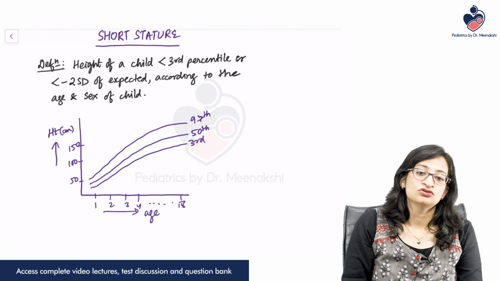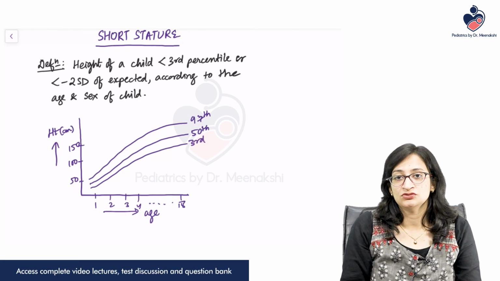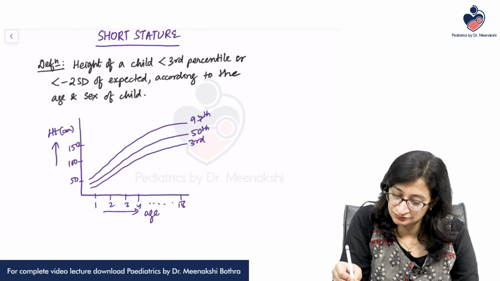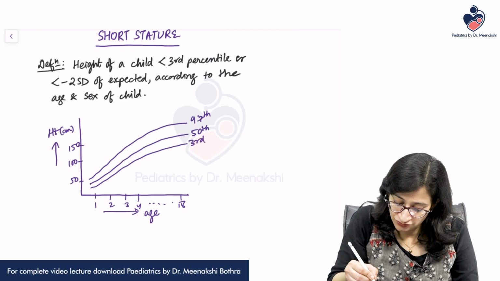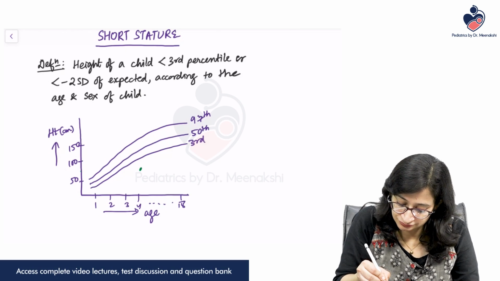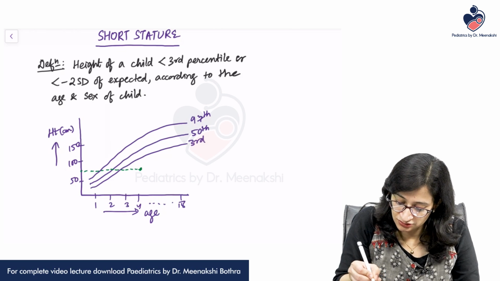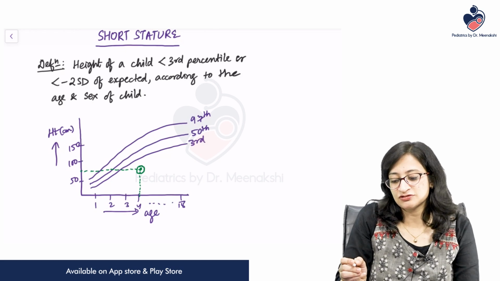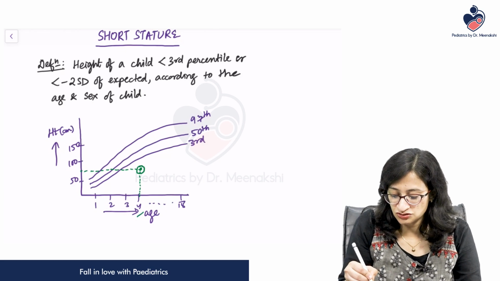And if it is a boy, you use growth chart for boys. If it is a girl, you use the growth chart for girls. Now, for example, if the height of a child at 4 years is say only 75 centimeters or 80 centimeters, it lies somewhat here. So it is less than third percentile of expected according to the age of the child.